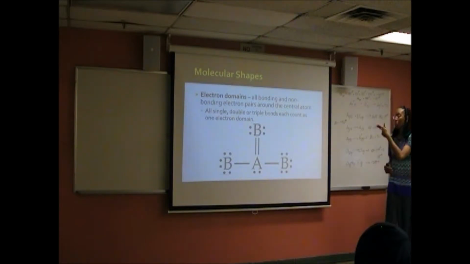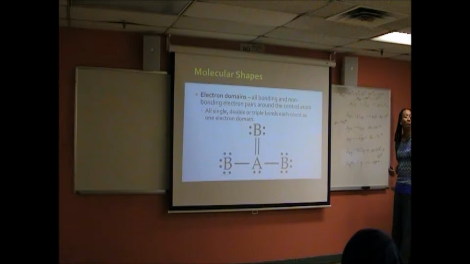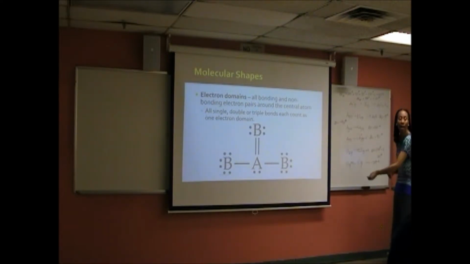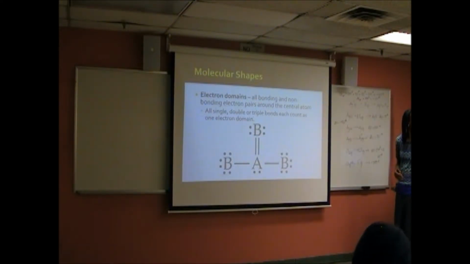Where's my central atom in this compound? A. How many bonding arms do I have in this compound? 4. Why did you say 3? You count the double bond as one. Two other ones. And what else? Do you have anything else bonded there?